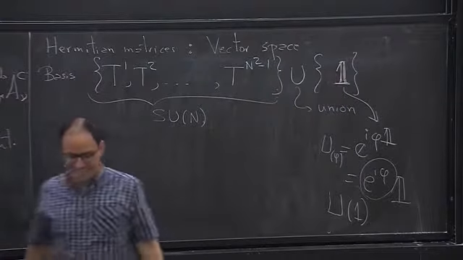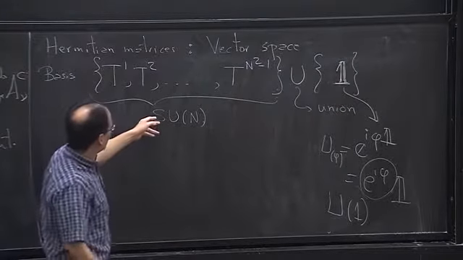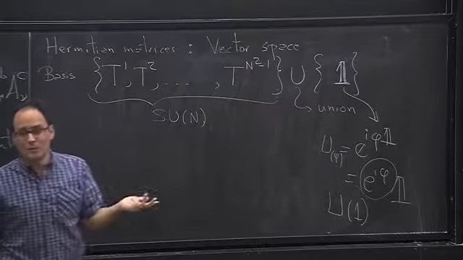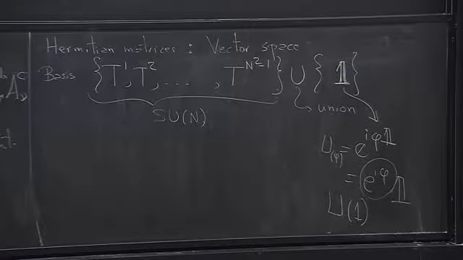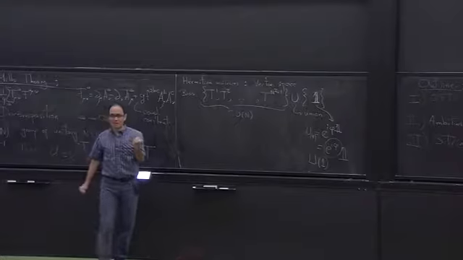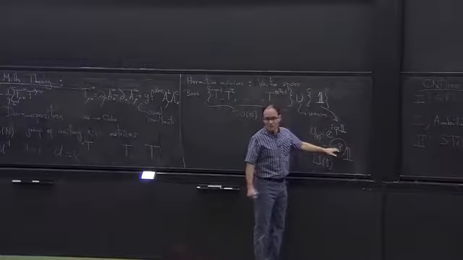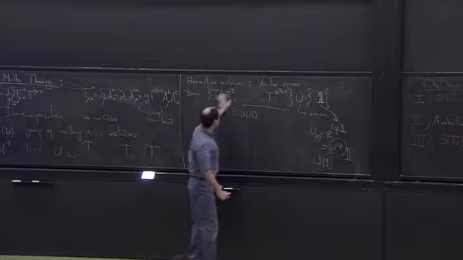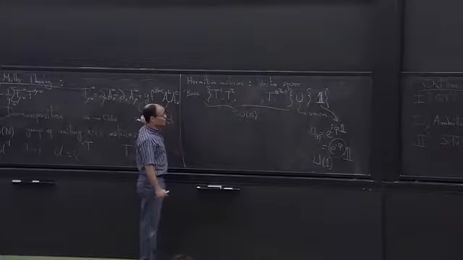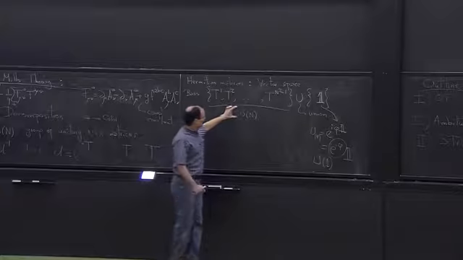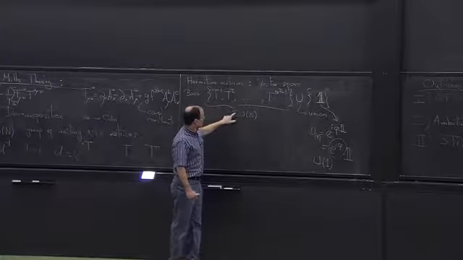But in any case, the name is given. It's called special because the determinant of these matrices U is supposed to be 1. So this matrix here violates that condition. The determinant is not equal to 1. And these ones are chosen so that the determinant is equal to 1 for the ones that you generate. Very good. And that's why these are called special.